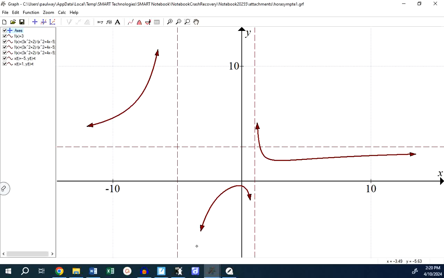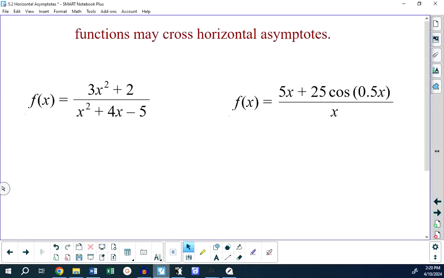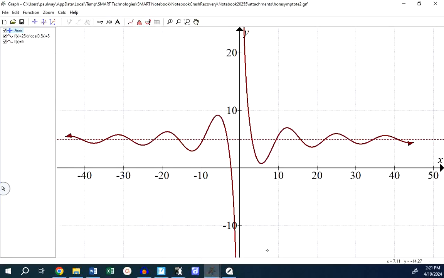Not only can functions cross a horizontal asymptote, they can do so more than once, and they can do so an infinite number of times. So if I show you this function, and you couldn't analyze it yet because you don't know derivatives of trig functions yet. Looks like this.